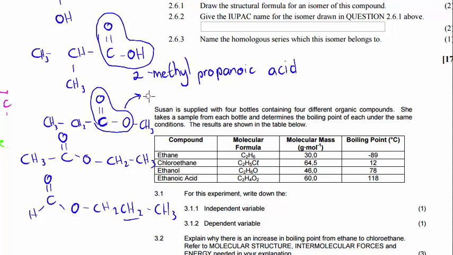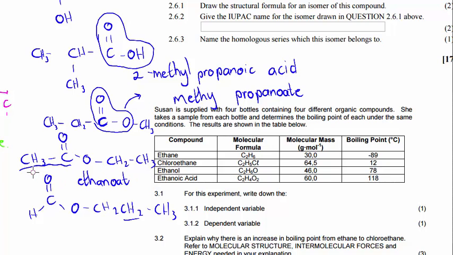That's the 1, 2, 3. That's the propanoate. And then there's the methyl branch. Methyl propanoate. This one has 2, so that is ethanoate. Ethanoate.